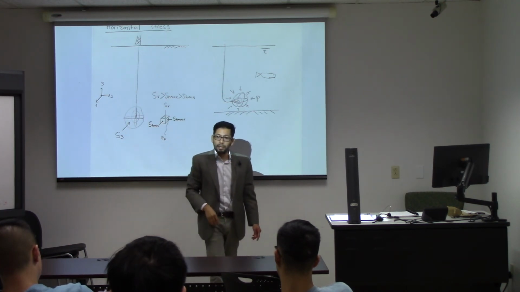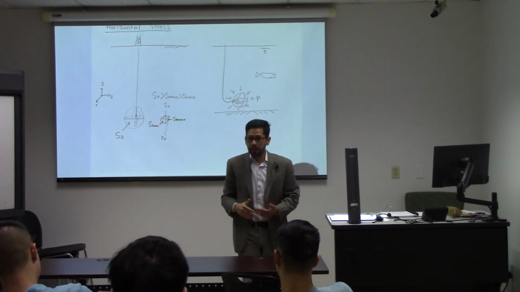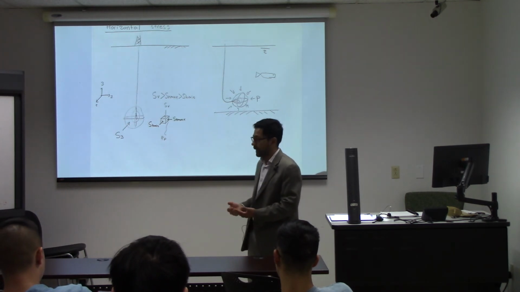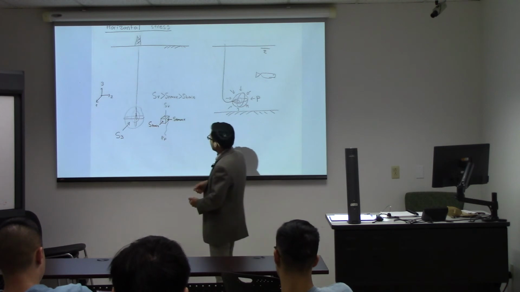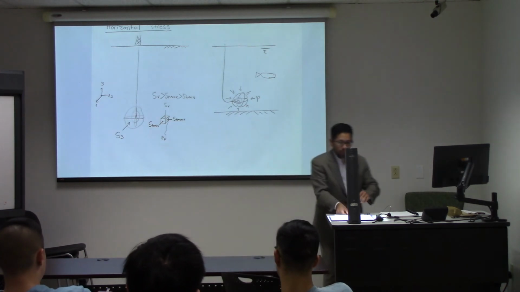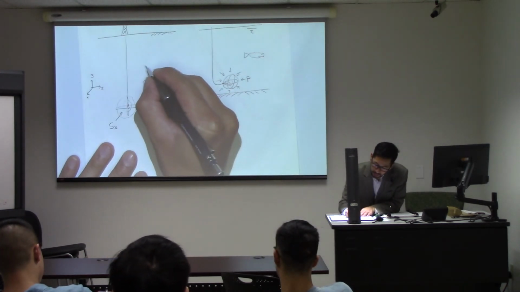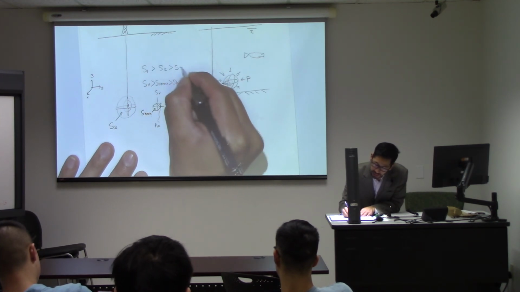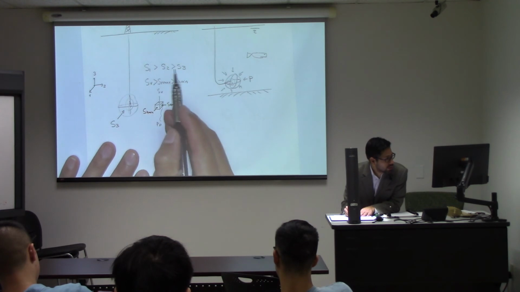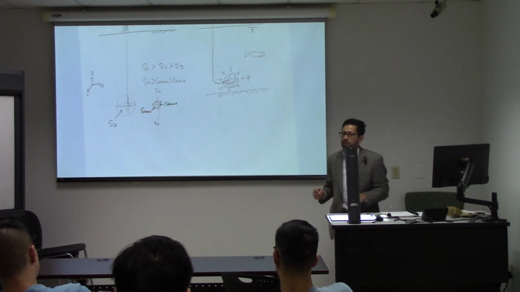We're going to see later on that this is just a simplification and it's an ideal orientation. When S1 and S2 and S3 get close to each other, funny things start to happen, okay?